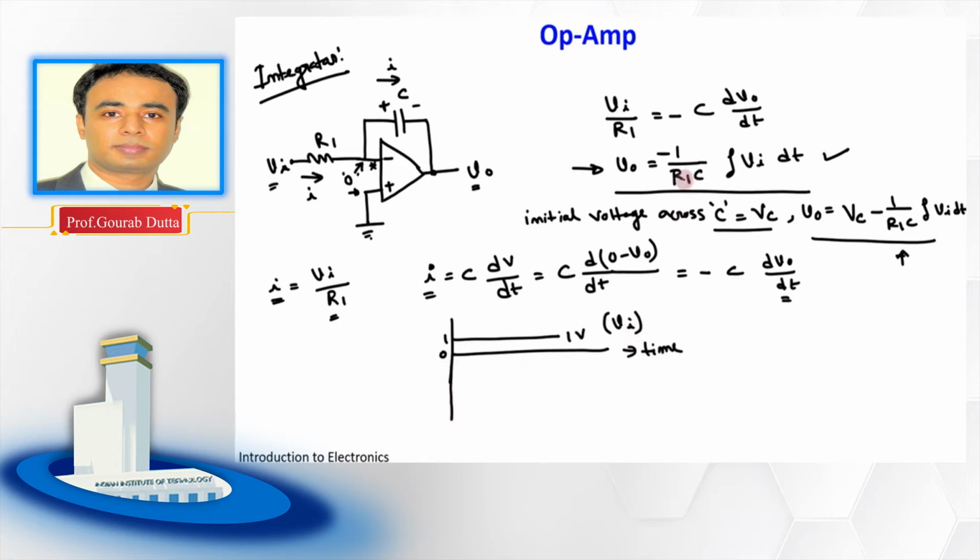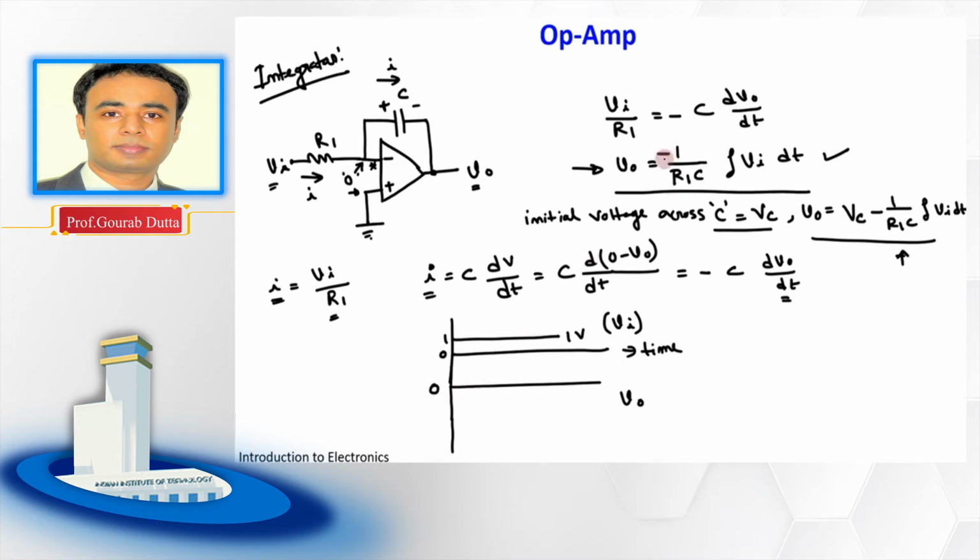So if this is your Vi, definitely you can do it easily. From this you can see the output voltage will be a linear function, or basically a ramp function of time, right? So it will increase. If this is the output voltage that we are drawing, then it will increase linearly.